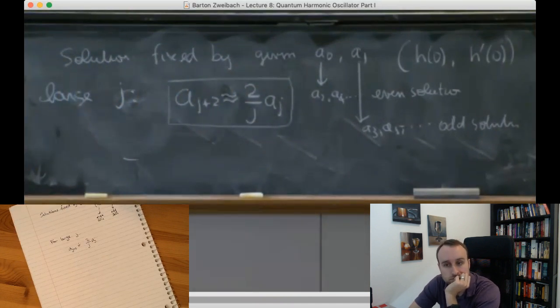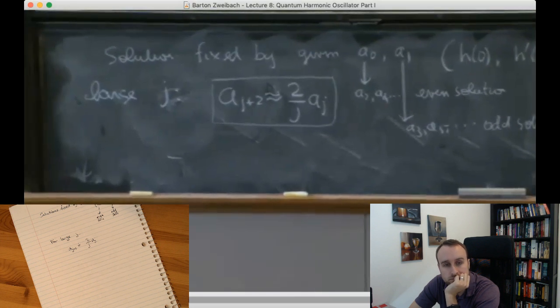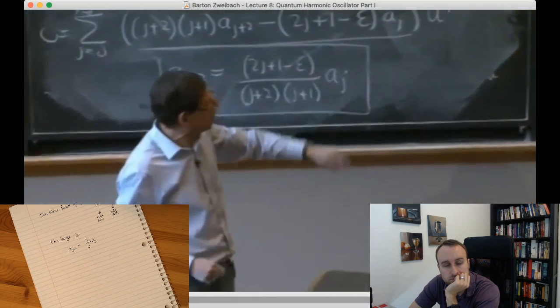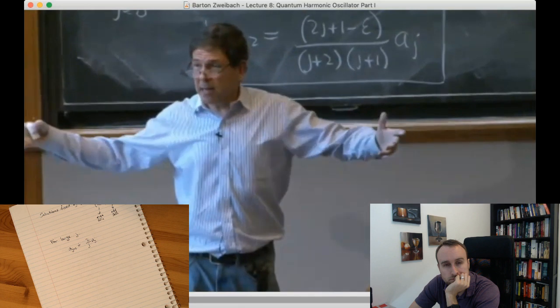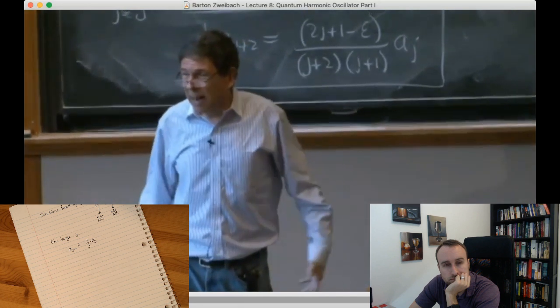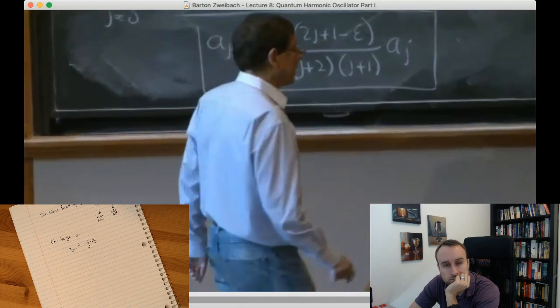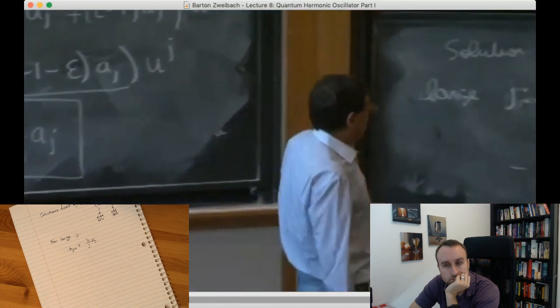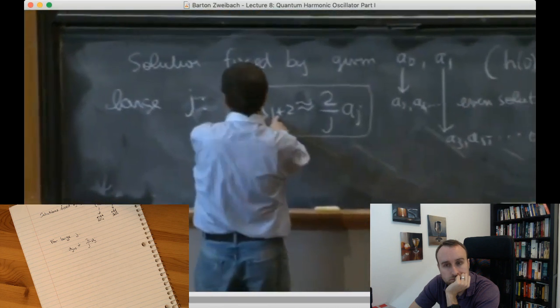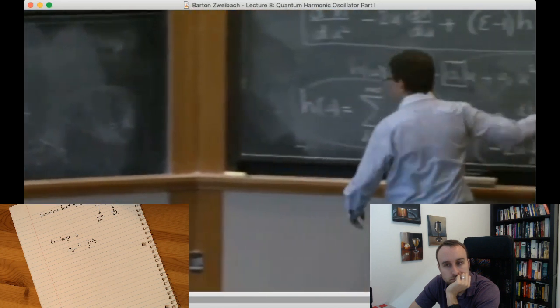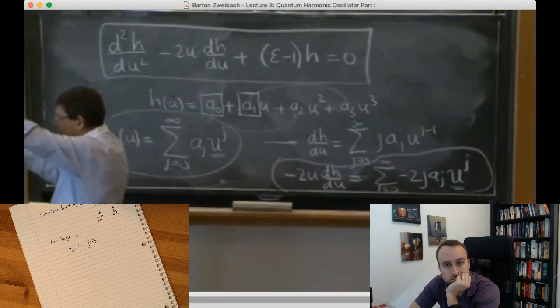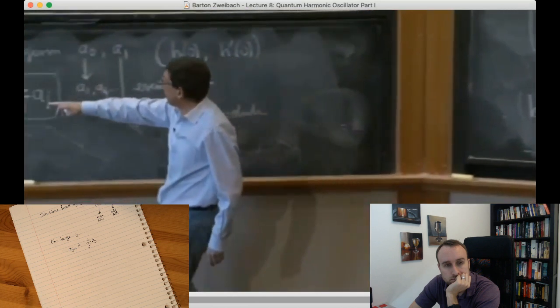And now you have to ask yourself the question, if you have a power series expansion whose coefficients behave like that, how bad is it at infinity? How bad is it? You know, it's a power series expansion because your H was all these coefficients, and suppose they behave like that, they decay in this way.